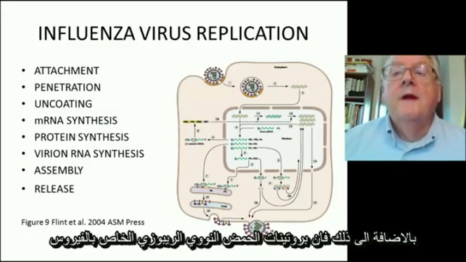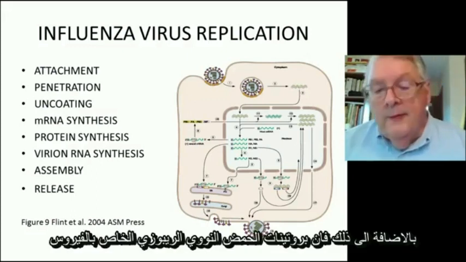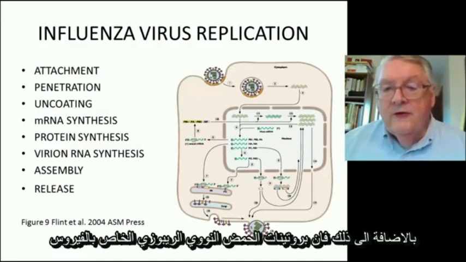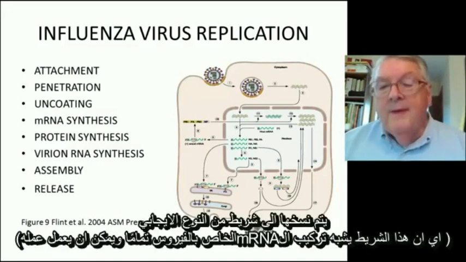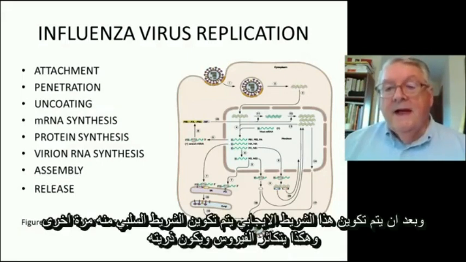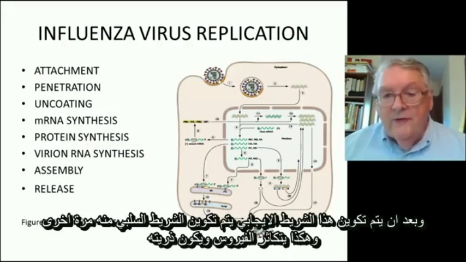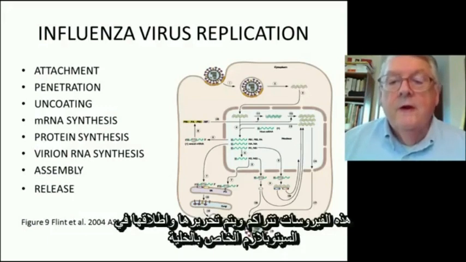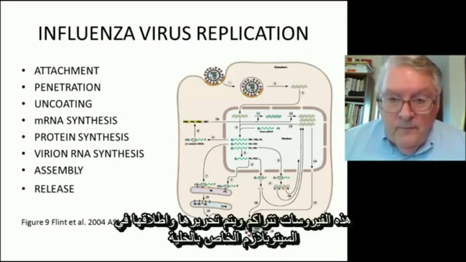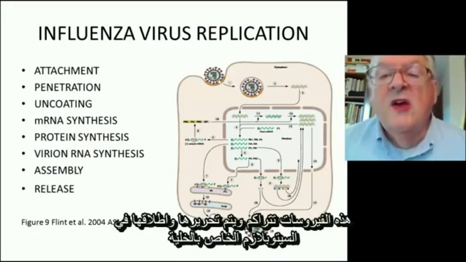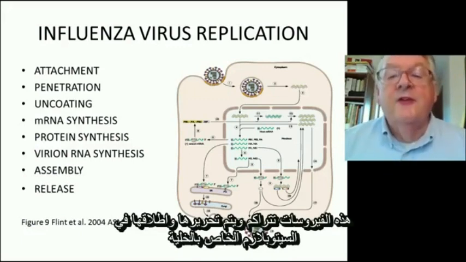In addition, the ribonucleoprotein is copied into a positive sense and then back into a negative sense, which is used to make progeny viruses. These accumulate and are released into the cytoplasm.